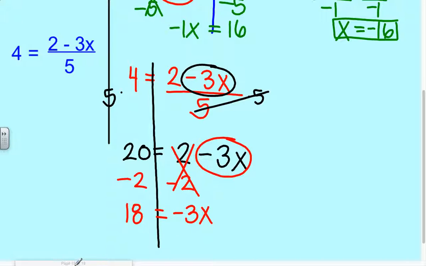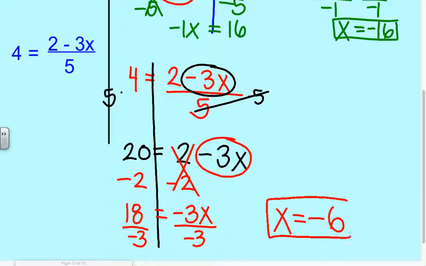Now it's a much nicer problem where all I have to do is divide by negative 3. So x equals negative 6 is my answer, because 18 divided by negative 3 is negative 6. So those ones have quite a few steps that you have to write out in order to be able to solve them.